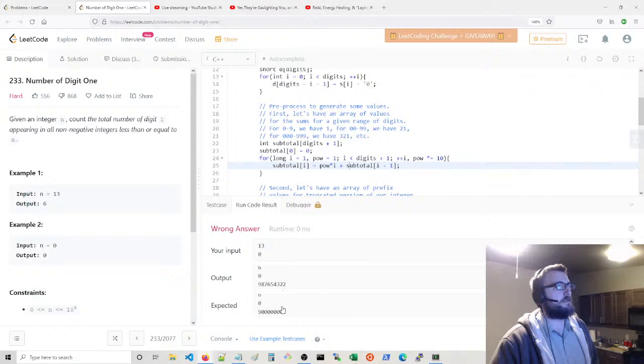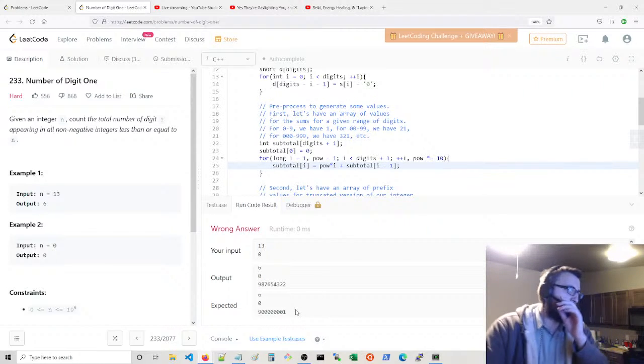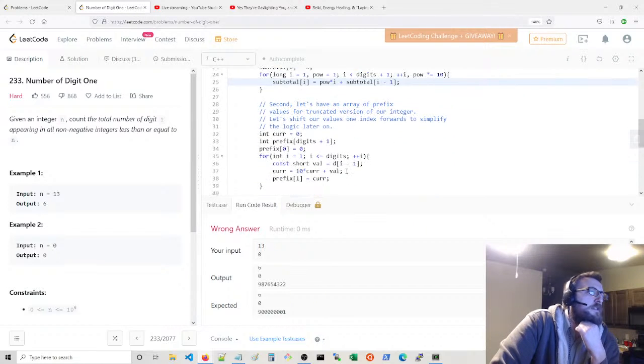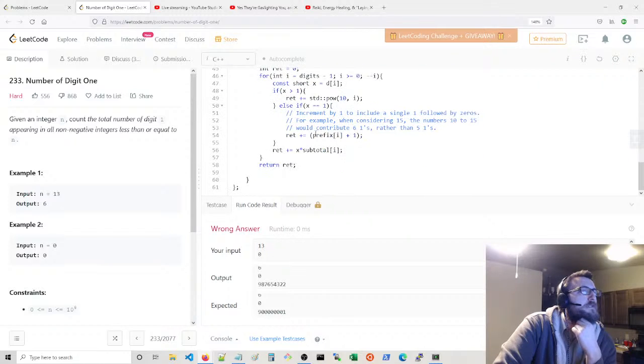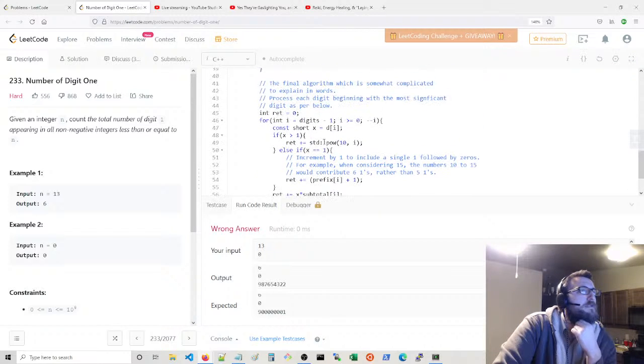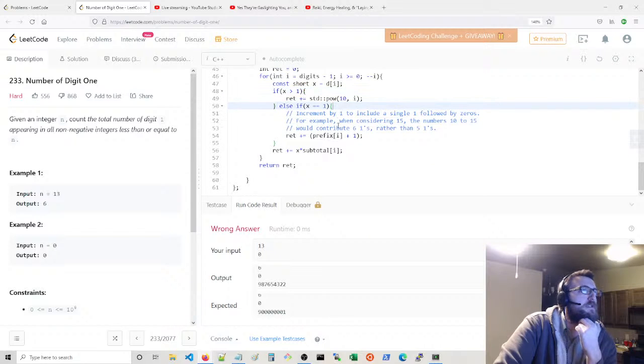Wrong answer. Expected... Oh, that's interesting too. So if we see a 1, if we see zeros, the most significant is a 1, say prefix plus 1.